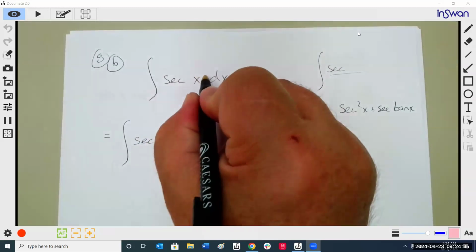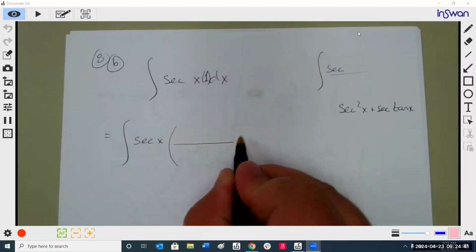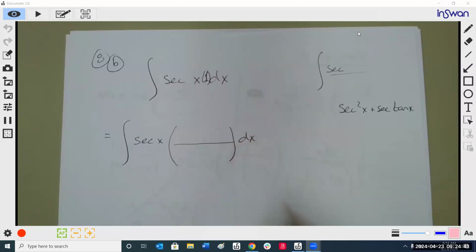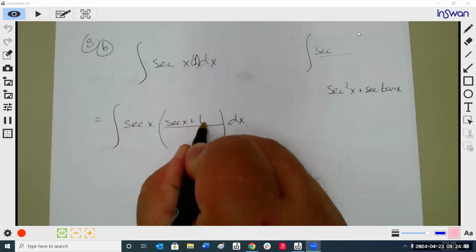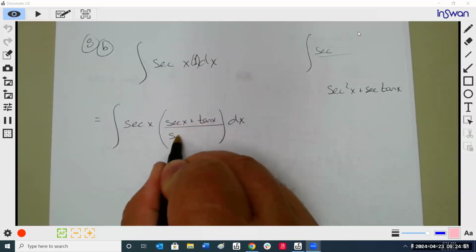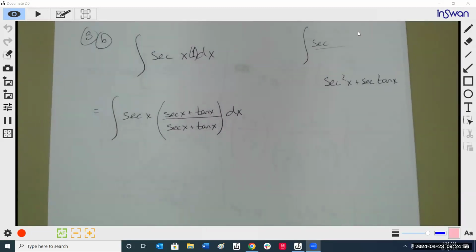If we multiply it by 1, so we need something, so we need a fraction. If we multiply those two together, what happens? See, here's where we're trying to force the derivative of u du.